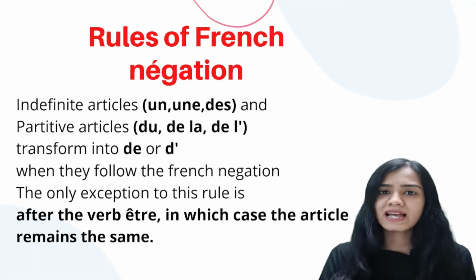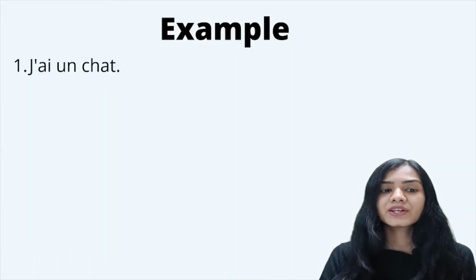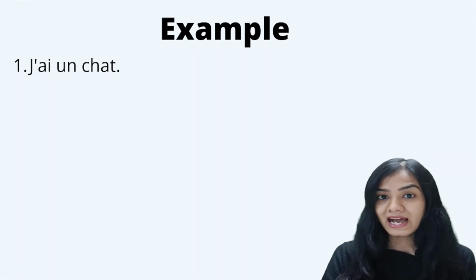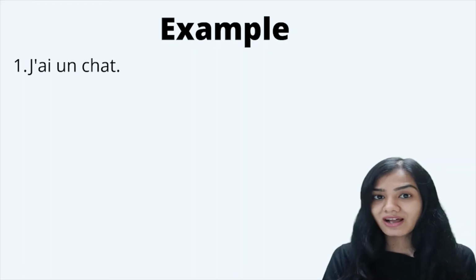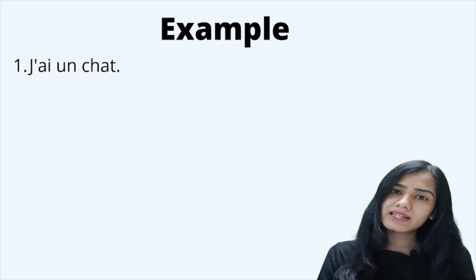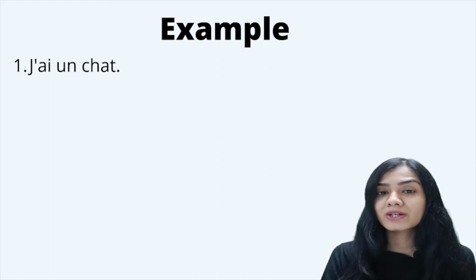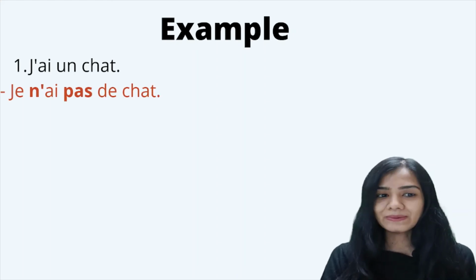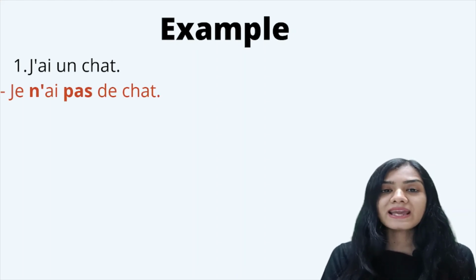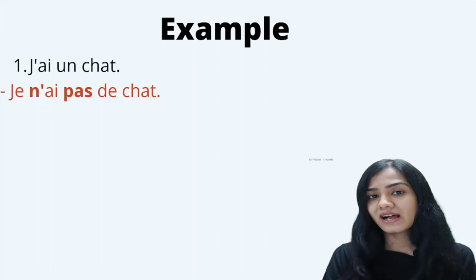Alright, so let's have a look at the examples. J'ai un chat. I have a cat. How will this be in negative? In the case of negative, un is going to convert to de. So je n'ai pas de chat.